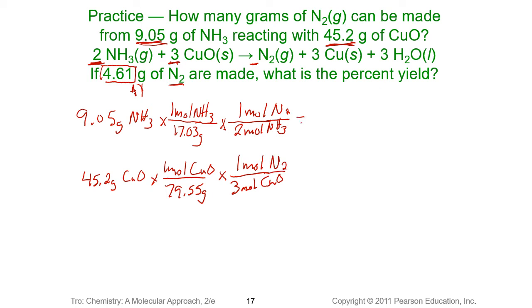Now you could go and calculate the grams for each one of these products, but as long as we're in the product, we can stop at this point and see which one we have the least amount of. But if you wanted to calculate the grams and compare grams, that would be perfectly fine as well.